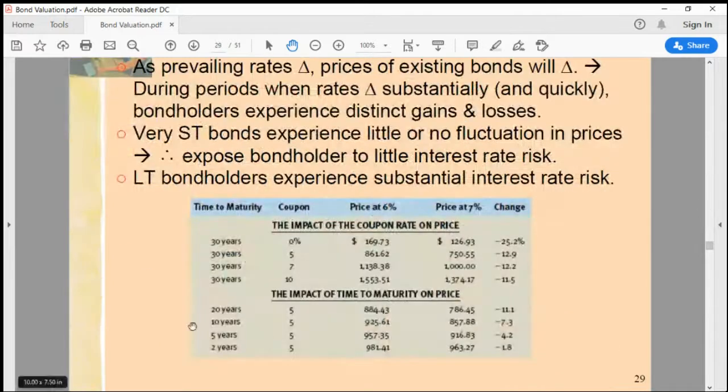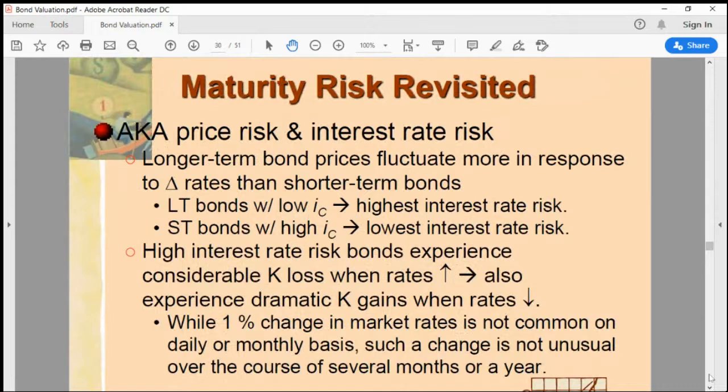Long-term has more impact, especially long-term bonds with a low coupon rate. Of course, if you have a higher coupon rate, the impact is mitigated. But with a low coupon rate, you get a big blow, right?